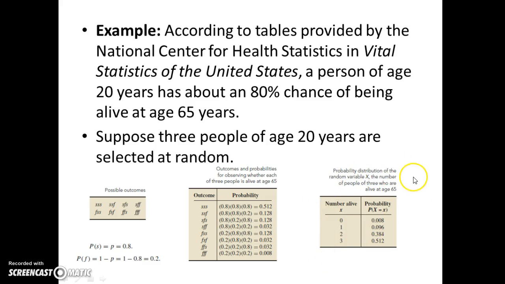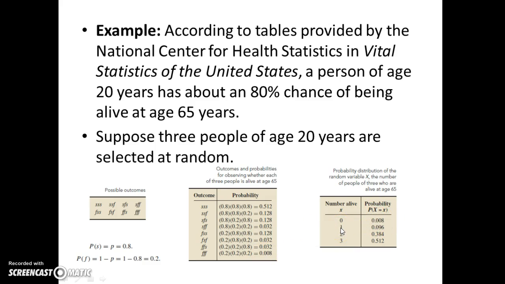The binomial distribution takes the success part and distributes it. Let's say that X is the number of alive people. When X is 0, it means nobody is alive. It's all failure, and that is only the all-3-failure case. This is the probability, and we put it in here.